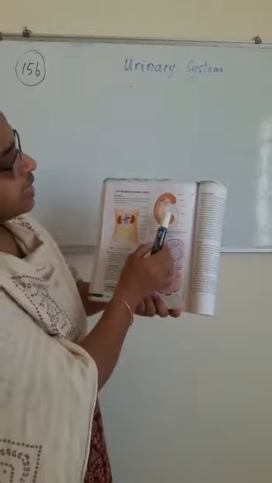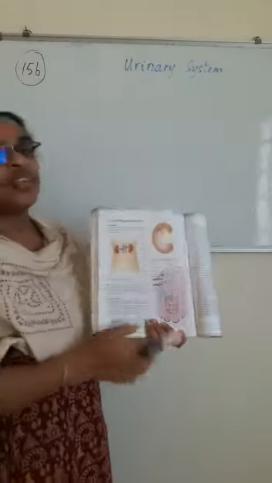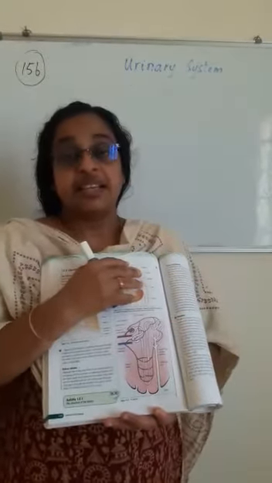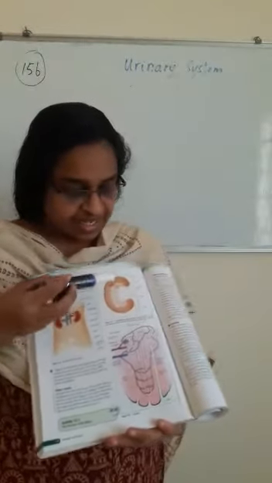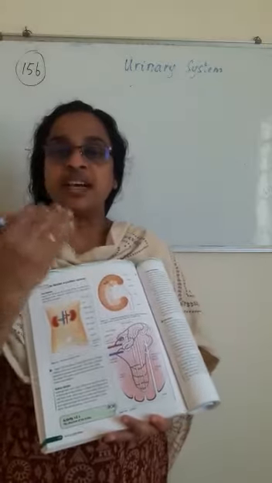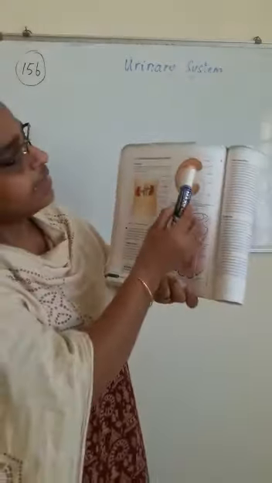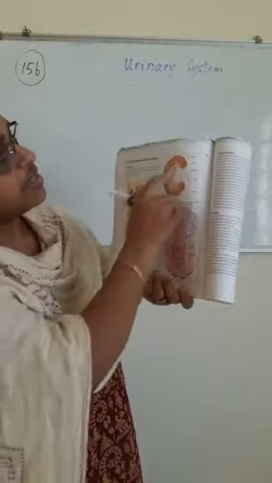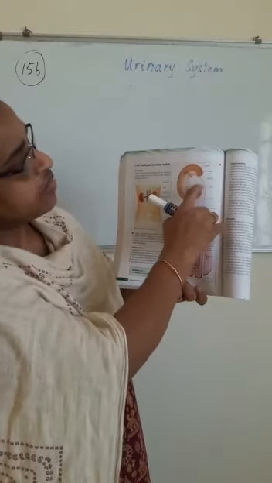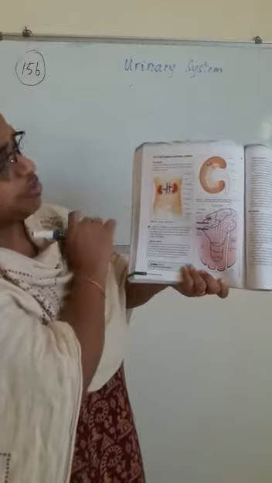And then you can see the nephron. Have you seen? The nephron is the filtering unit in the kidney. There are millions of nephrons in the kidney. These nephrons do the function of filtering out the waste from the blood. After filtering out the waste, this will be given to the pelvis, and from the pelvis it goes down through the ureter, through the tube.